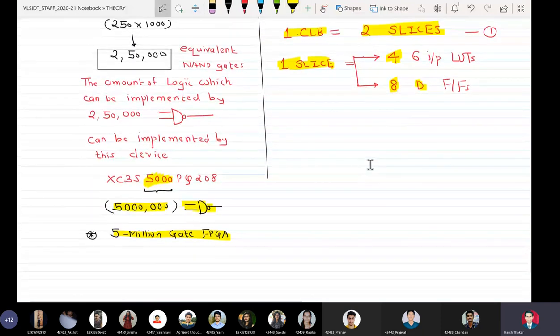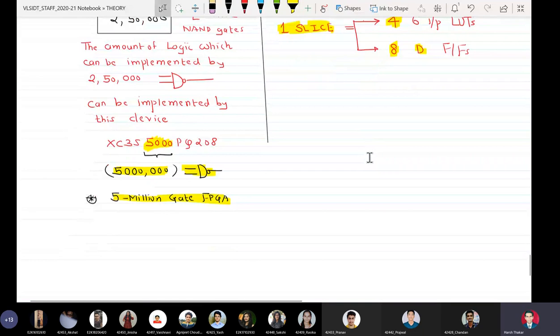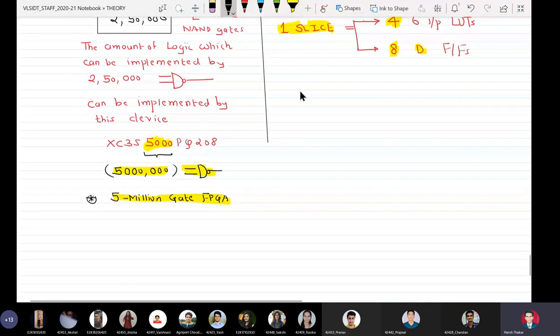So you know that D flip-flop is D flip-flop. There is no need of any explanation. So what is the meaning of 6 input LUT? LUT stands for lookup table.